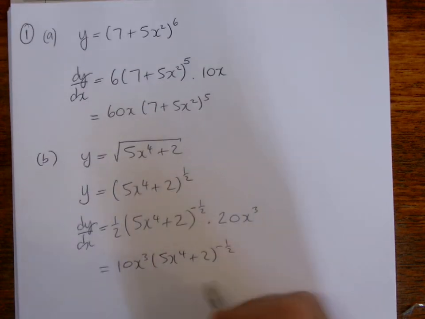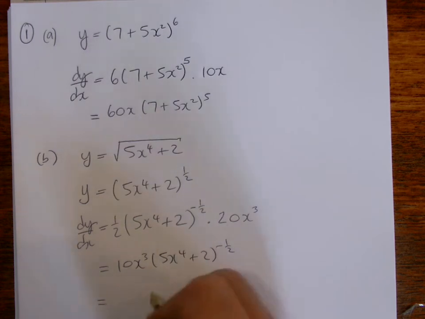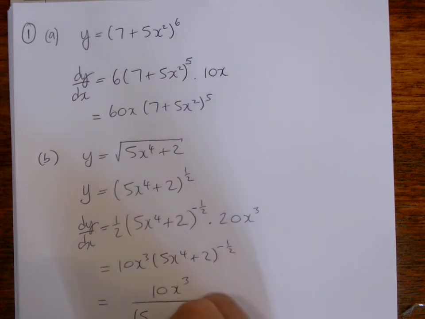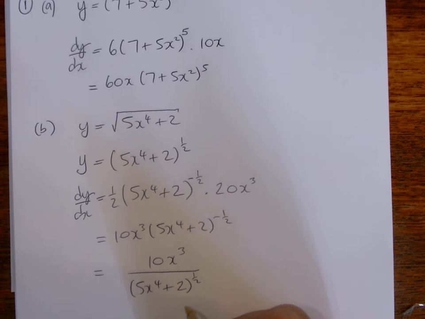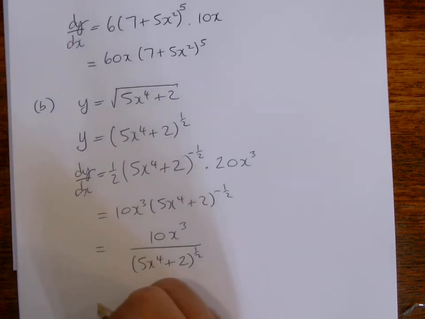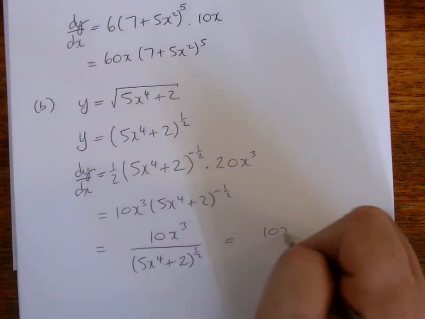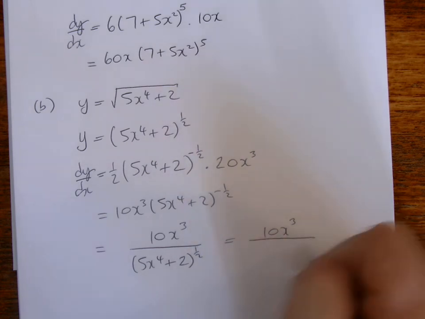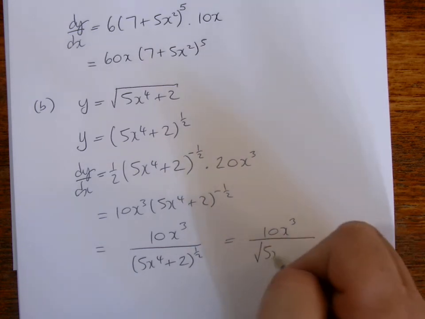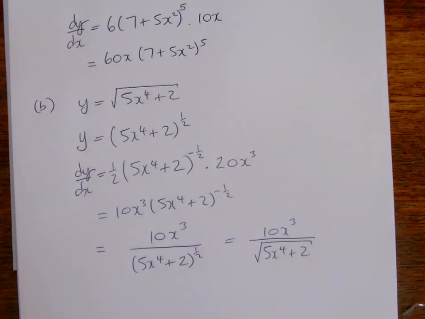Because the power is minus, you could then take it down. You could write this as 10x cubed all over 5x to the 4 plus 2 to the power half, positive half when you take it down. And you recognise this as, quite simply, on the bottom, just a square root. So there is your fully simplified final answer.